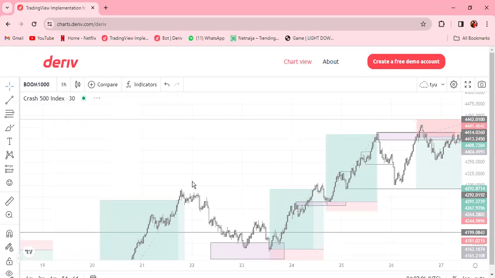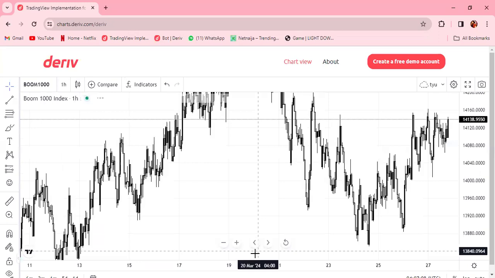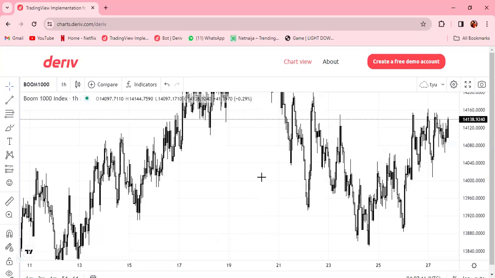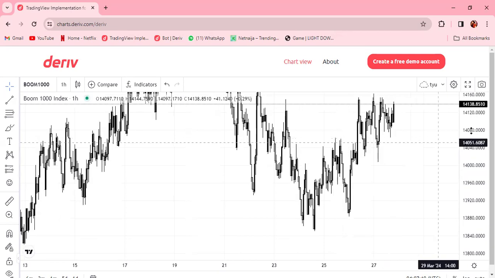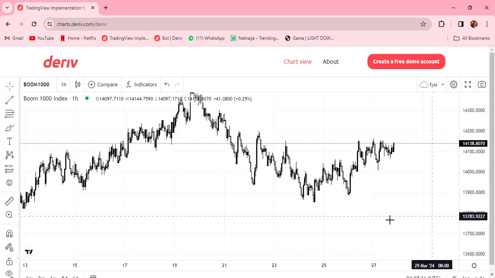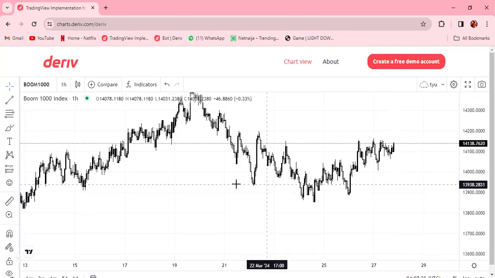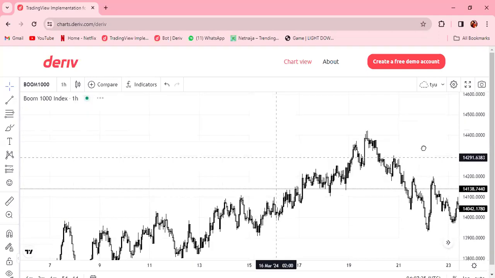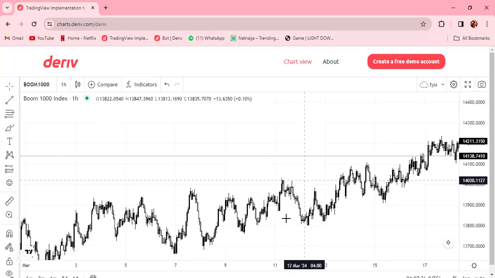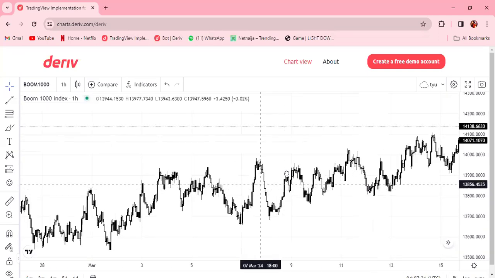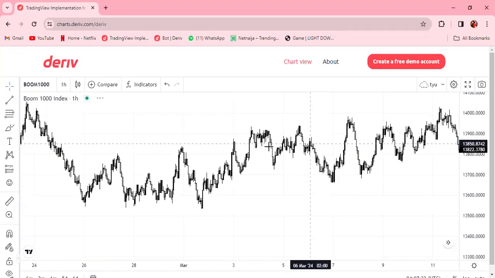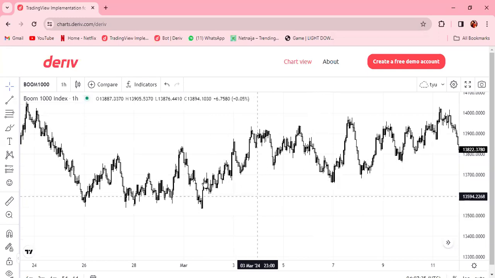So the divergence, we just left it here. Okay, the chart is choppy, but it's right. So I'm going to go a little bit back so that we can look for a good example of a divergence.